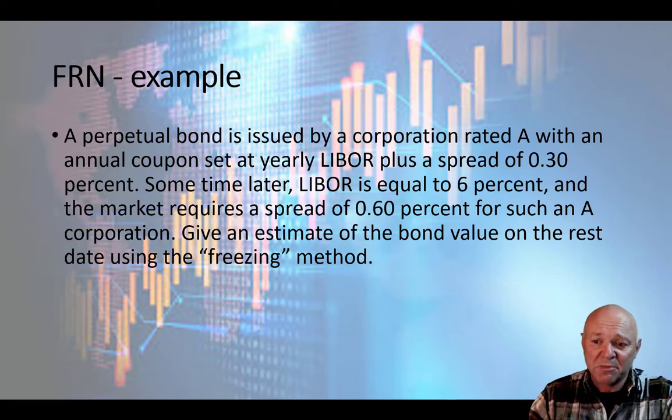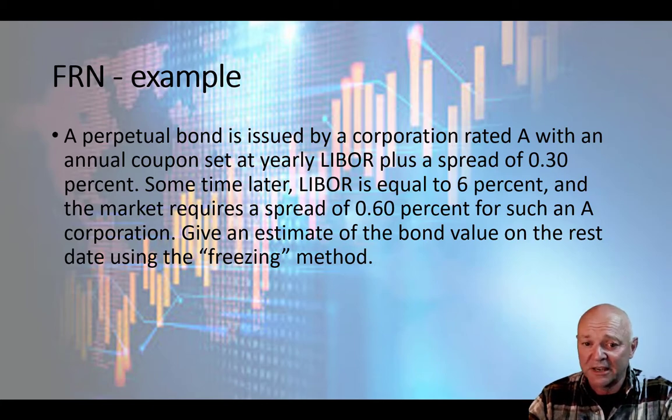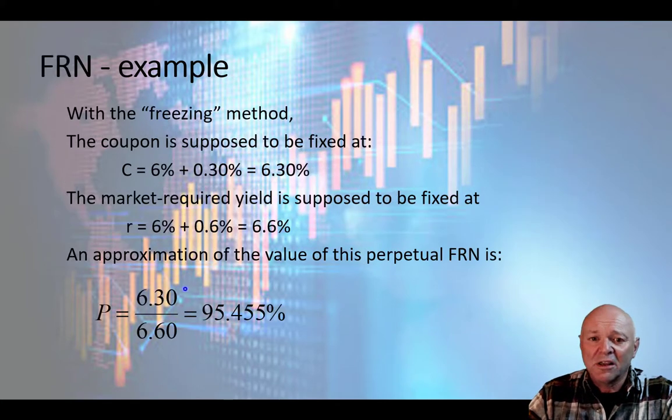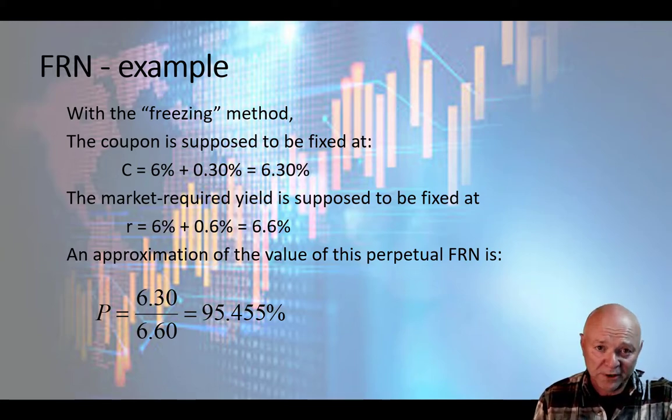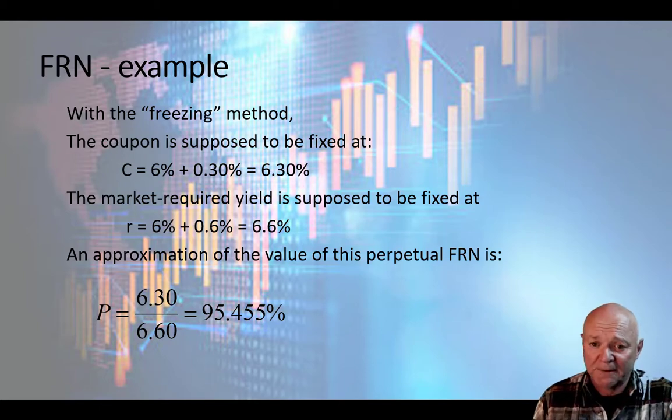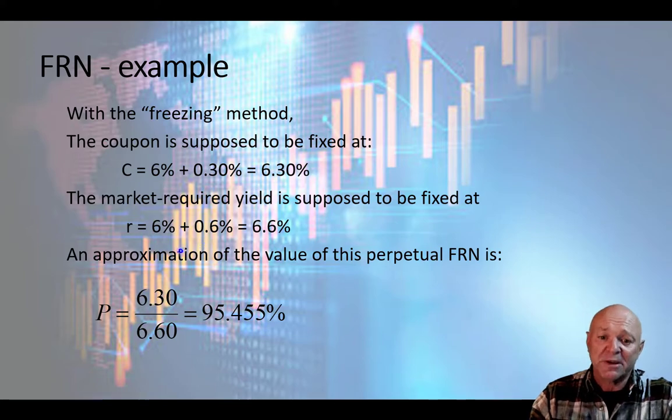If we want to get an estimate of the bond value on the date on which the value is set, the reset date, using the freezing method, here we would start off by saying that the value of the coupon in a normal situation before any kind of change is 6% plus 30 basis points, or 6.3%. The yield that's required by the market has now gone up by 60 basis points, so R is equal to 6% plus 60 basis points, or 6.6%.